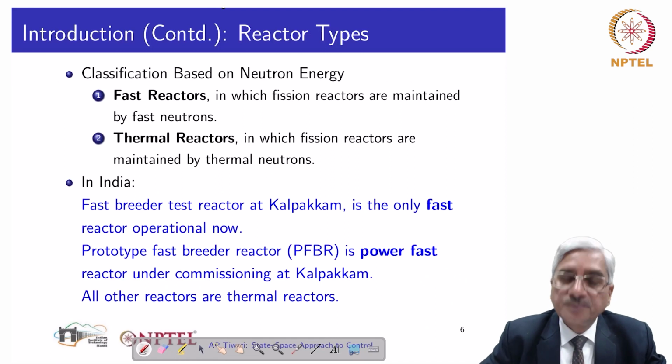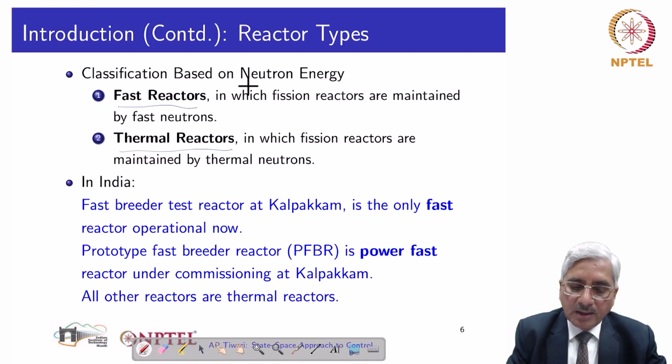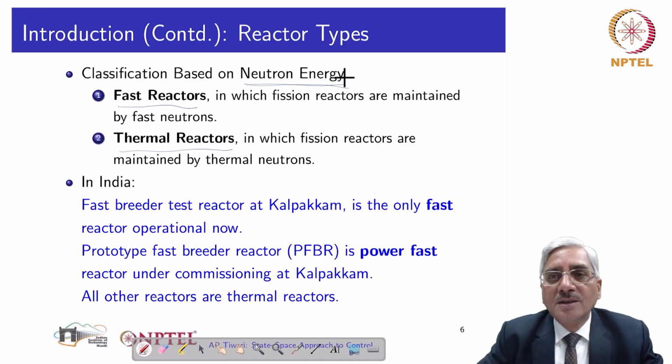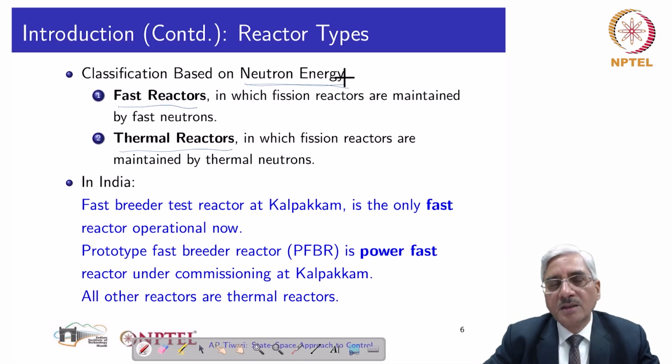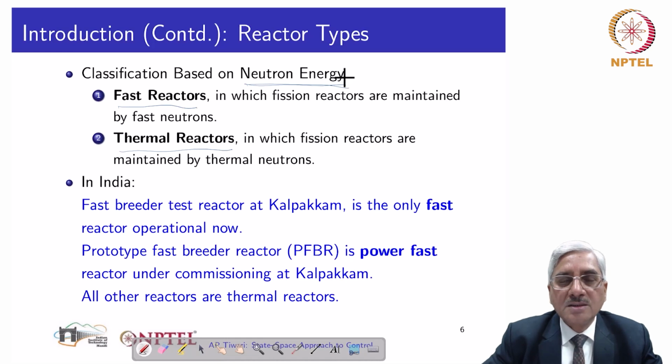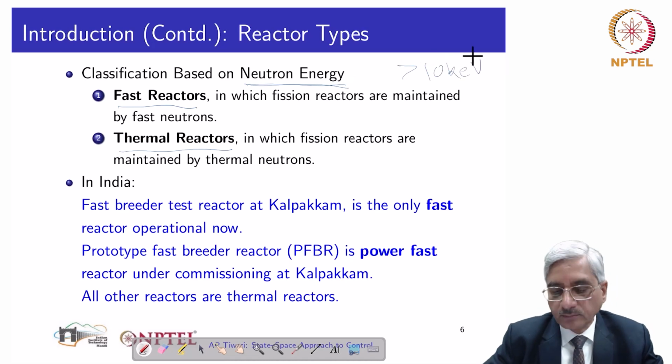Let us proceed. Reactors are classified as fast reactors and thermal reactors based upon the energy of the neutron which actually initiates and sustains the fission chain reaction. So in fast reactor designs, the neutron energies are above 10 keV, sometimes in the million electron volts range.